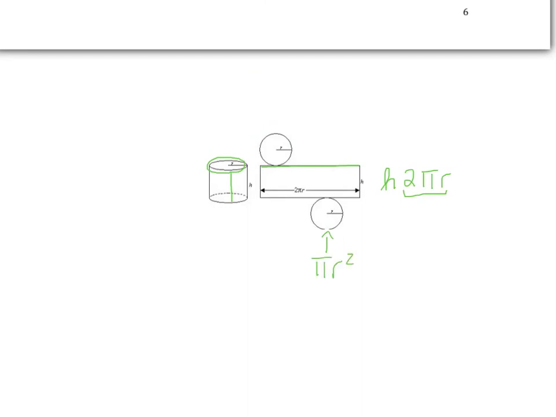However, we have 2 bases, so altogether, our surface area formula is 2 times pi radius squared, or 2 times the circular base, plus 2 times pi times the radius times the height, or the circumference times the height of the can, to give us that large rectangle.